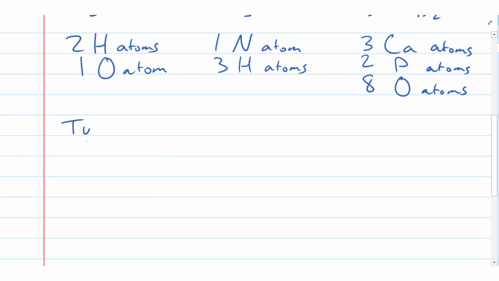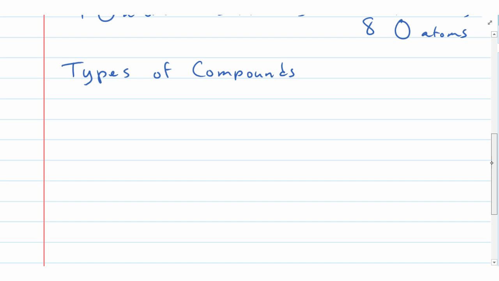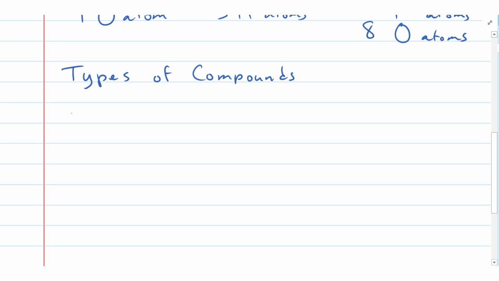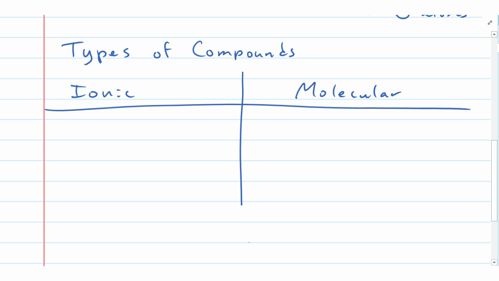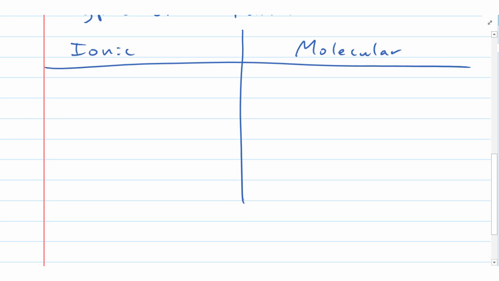Another thing we need to do is we need to be able to classify our compounds into 2 broad categories. We need to classify them as either being ionic compounds or molecular compounds. So what I'm going to do here is make a table that will help us distinguish between them.